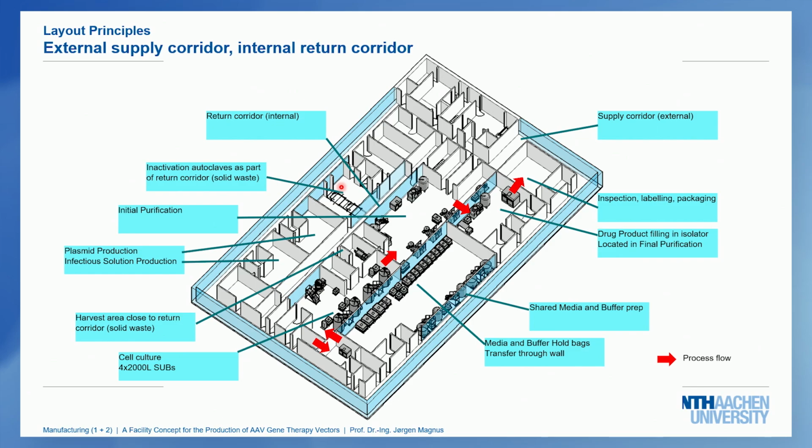Plasmid production and production of infectious solutions could take place in these two rooms here, so one room each for those functions. And that's essentially a very compact design of a production level that will give you all the functions that you need to produce the product.